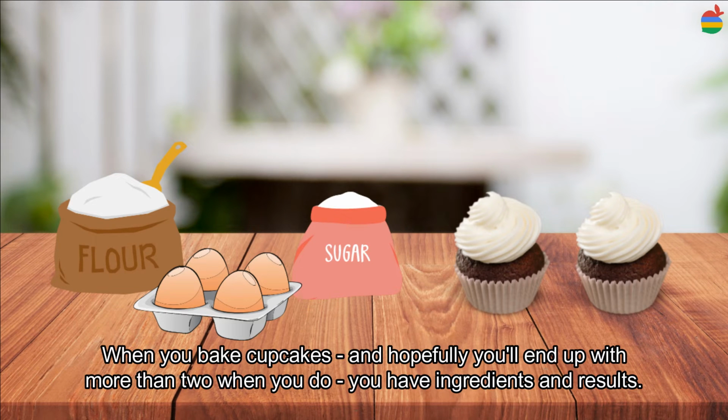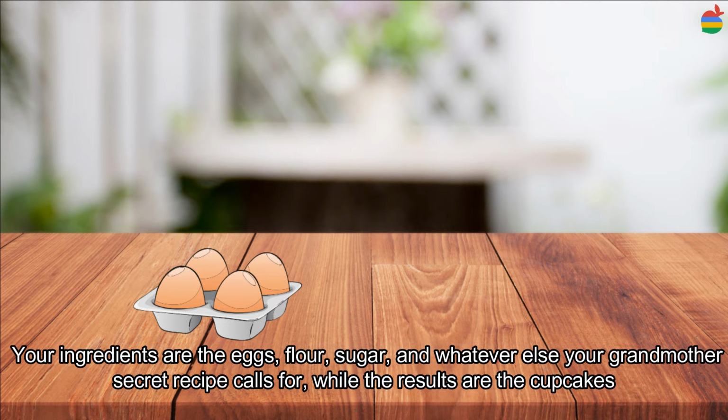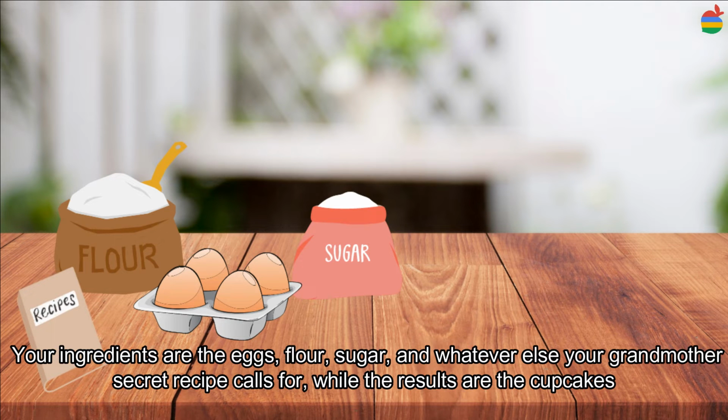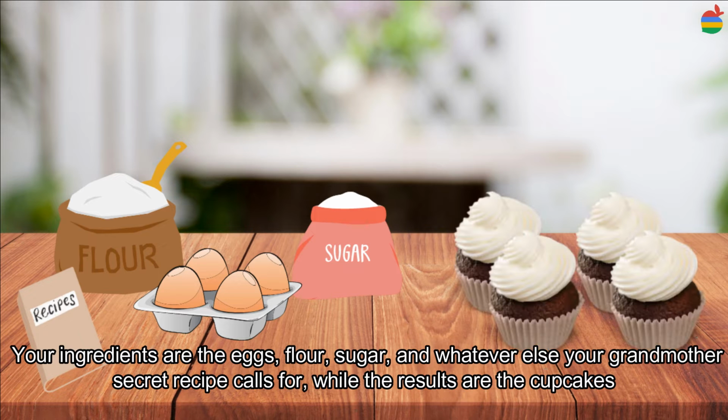When you bake cupcakes, and hopefully you will end up with more than 2, you have ingredients and a result. Your ingredients are the eggs, flour, sugar, and whatever else your grandmother's recipe calls for, while the result is the cupcakes.